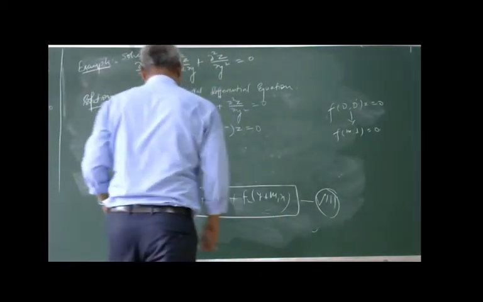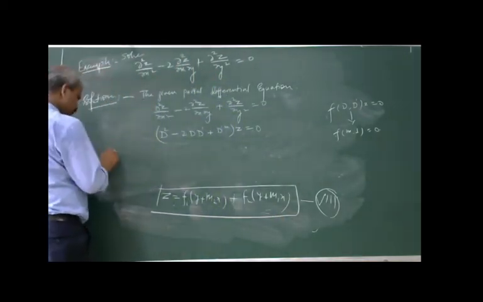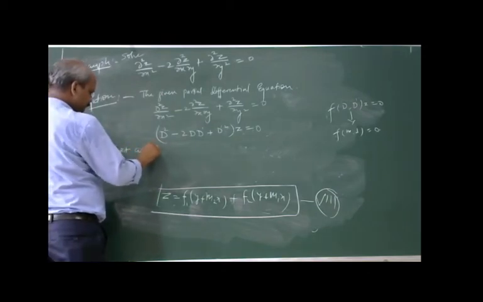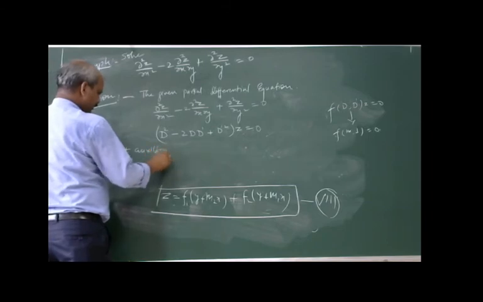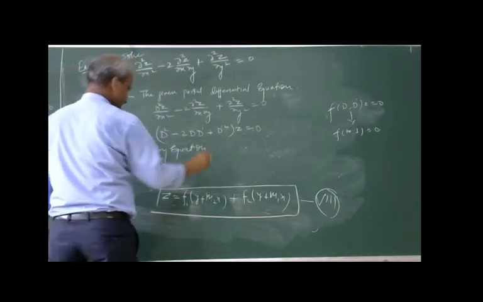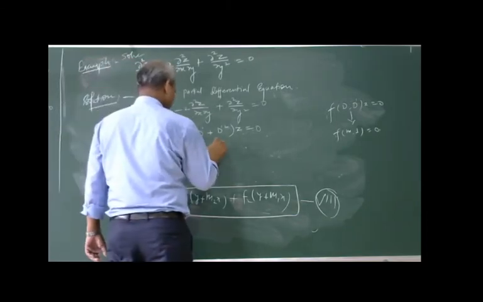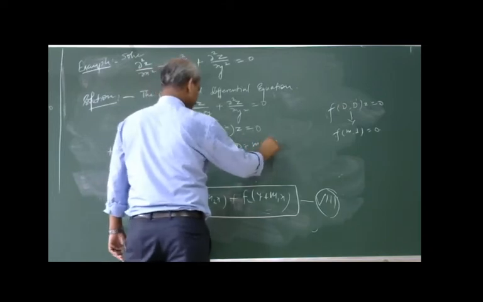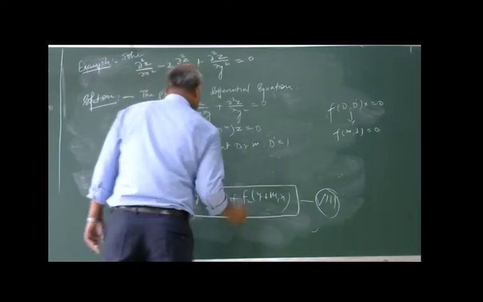So now, to get the auxiliary equation, put D equal to m, D dash equal to 1.